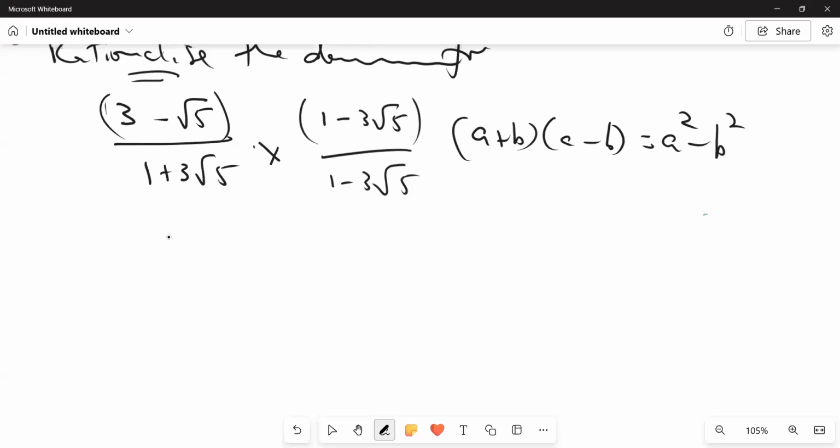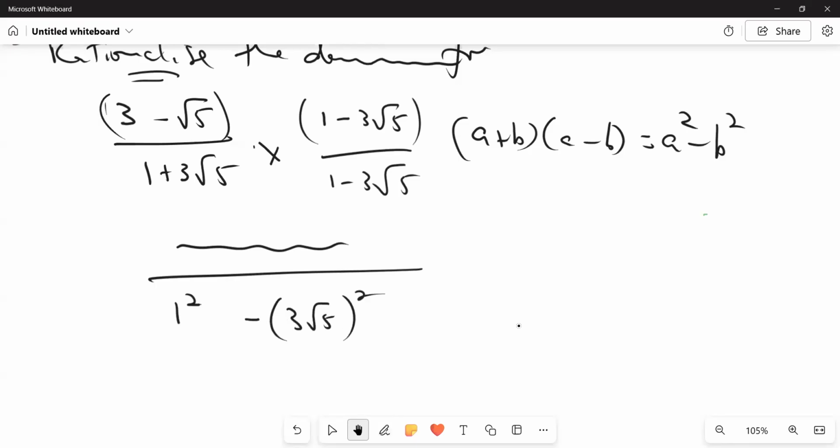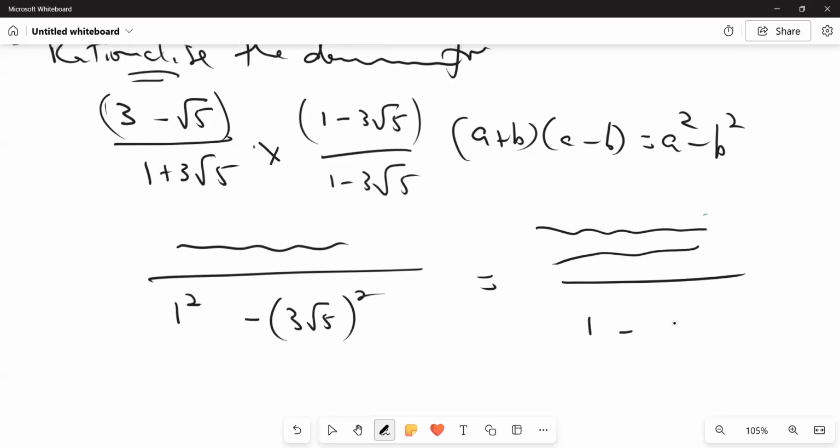And you'll get something on top there. Skip that out. But at the bottom here, you're going to have 1 square minus 3 root 5 square. You will work out the numerator, but at the bottom here, 1 minus 3 root 5 square gives you 9 by 5.